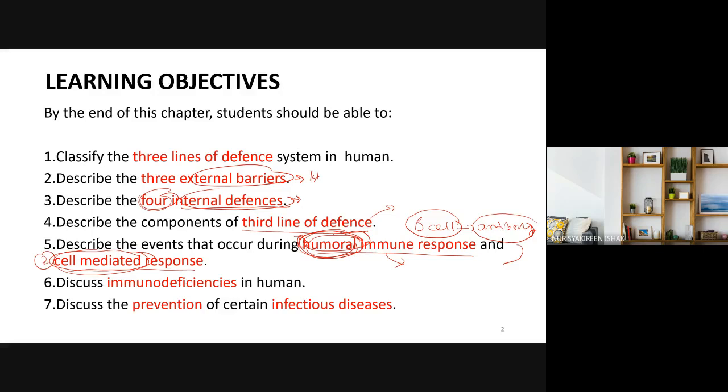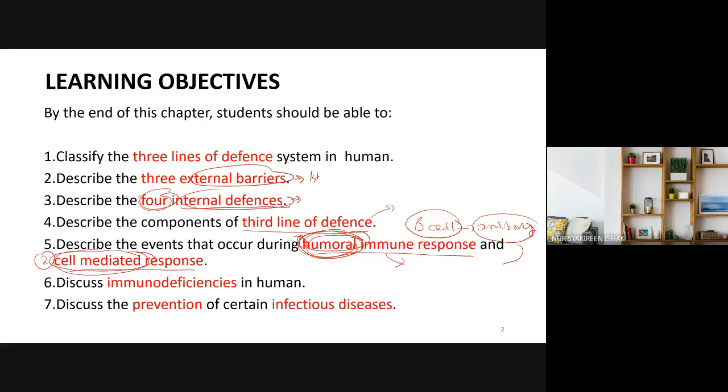So cytotoxic T cell will find specific pathogen inside the body cell, and the cytotoxic T cell will kill that infected cell, and also at the same time, it exposes the pathogen, and this pathogen, when it is exposed, one of the mechanism is that macrophage will engulf that exposed pathogen.